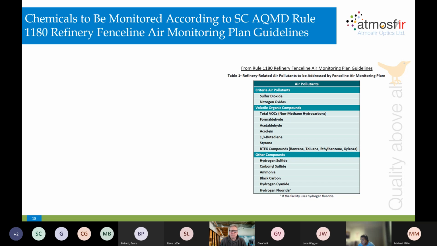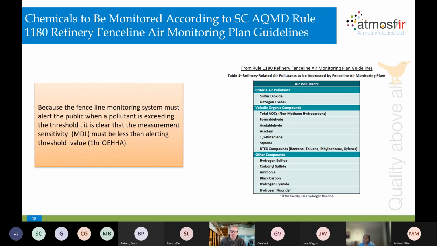We've got a few categories: pollutants like the SOx and NOx, and volatile organic compounds that we discuss later on, but among them the formaldehyde, acetaldehyde, the BTEX, styrene, and we get HCl, HF, ammonia, etc. If I go back to remind us the purpose of the law, because the fenceline monitoring system must alert the public when there are exceedances, it is clear that the measurement sensitivity, or what we call method detection limit, must be less than the alerting threshold.